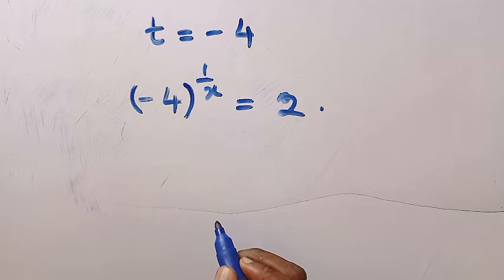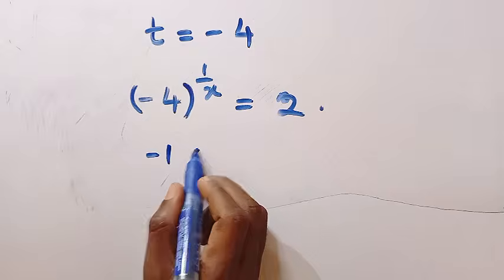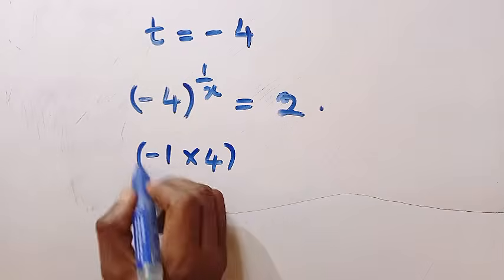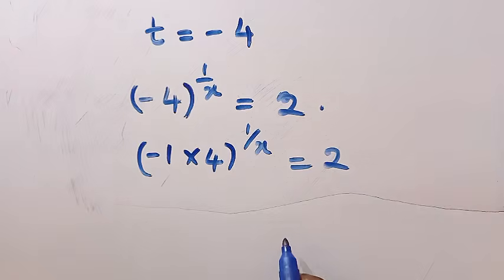I will not proceed further here because we don't have a logarithm of a negative number, and we only need x as a real solution. But if you want to solve this further to look for a complex solution, it is very simple. What we do is write this as negative 1 multiplied by 4 raised to the power of 1 over x, which equals 2.